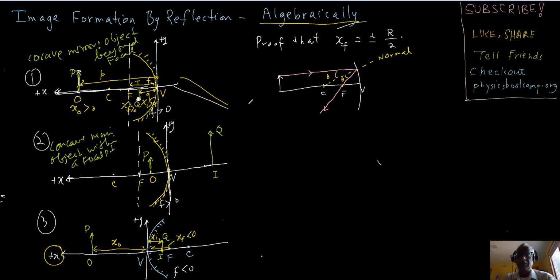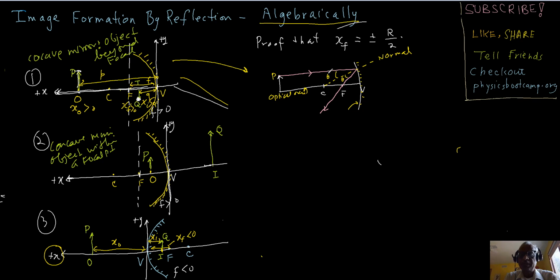Let's look at this case, and the other cases will work out very similarly, so I'm not going to work them out. This is the mirror reflection side. Here's a P, this is the object, and a ray is coming parallel to the optical axis.